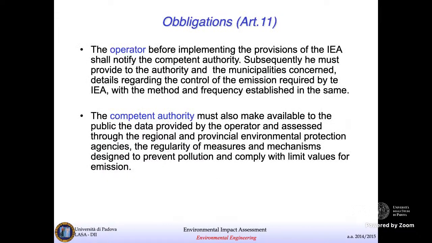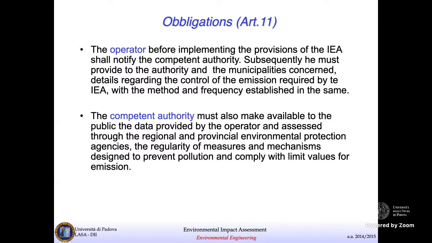What are the obligations as expressed in Article 11? Please recall, I'm continuing to read with Law 59, the IPPC law in Italy. Article 11: the operator, before implementing the provisions of the integrated environmental authorization, so what is included in the authorization, shall notify the competent authority.